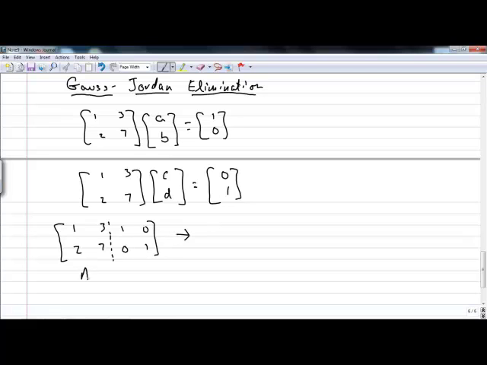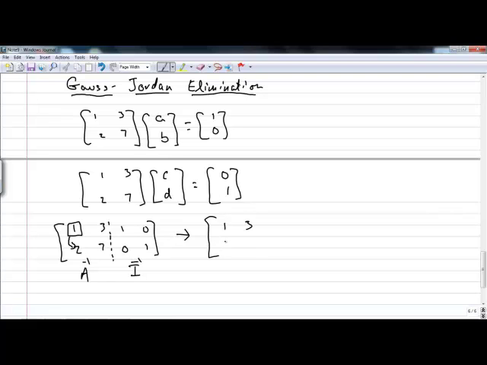This, of course, is A. Over here I have I. And first I'll eliminate the 2 using this pivot. I will eliminate the 2.